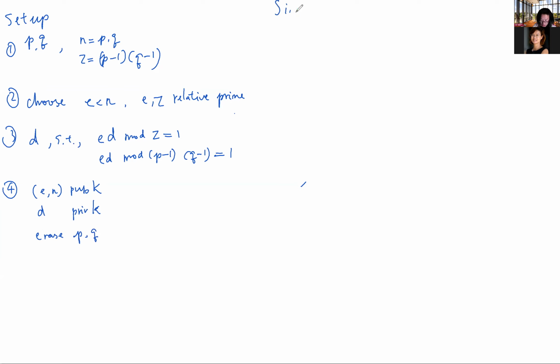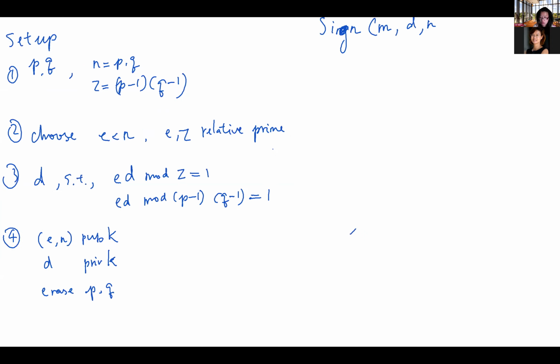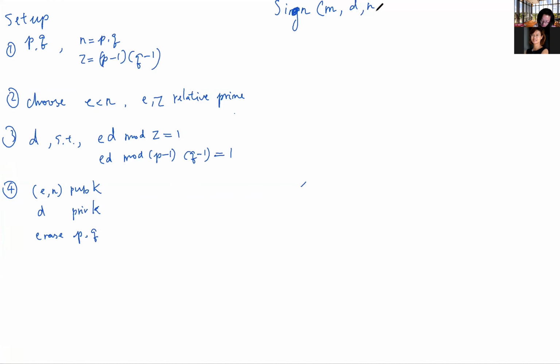And then instead of encryption, there's an operation called sign. Sign will take as input a message, D and N. In order to create a digital signature, you raise the message to the power of D mod N. This will give you the signature.